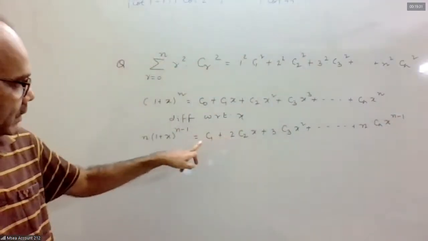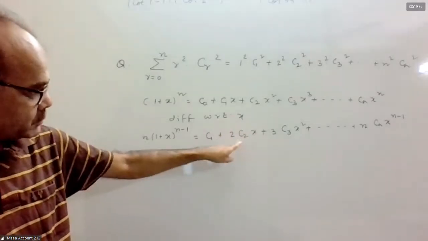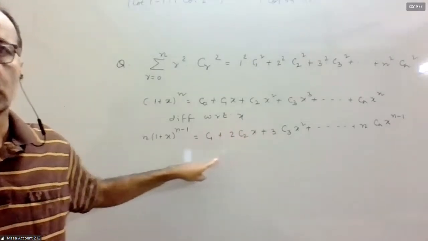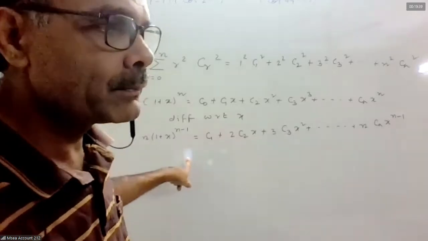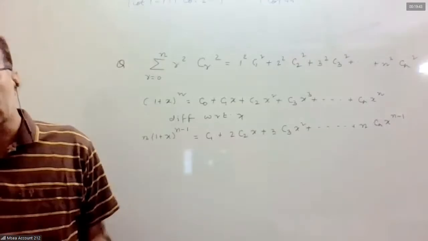Now we want 1 square, 2 square. If you differentiate again, we won't get that. So what should we do here? Multiply with x again, and then differentiate again.